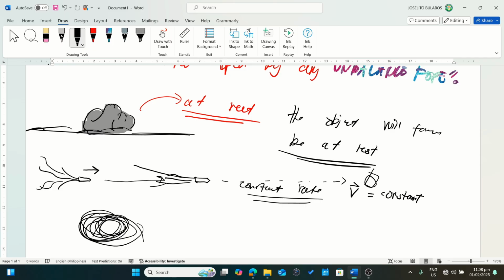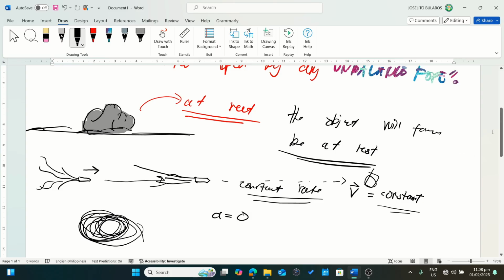And if this is the case, then our acceleration is actually zero because we have a constant velocity. You have an object at rest, it will be forever at rest. And if you have an object in motion, so long as there's no unbalanced force or friction, then it will stay forever in its state of motion.